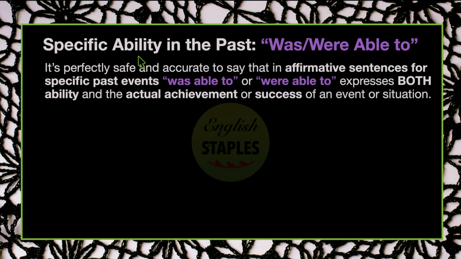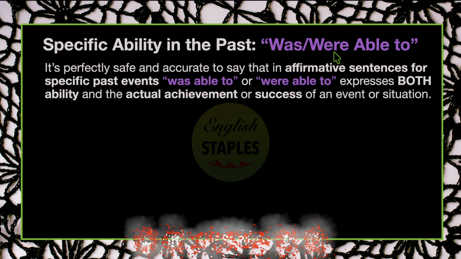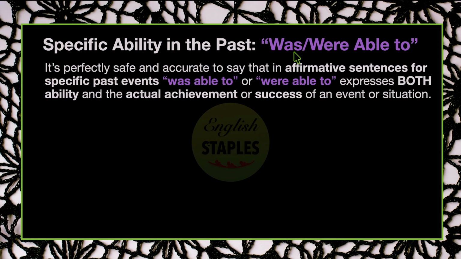So now we're going to look at the be able to with specific ability in the past, right? So the be, this part is the be: was, and were. These are past tense, singular, plural, of be able to.